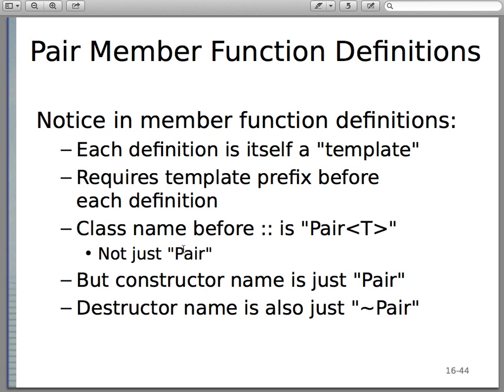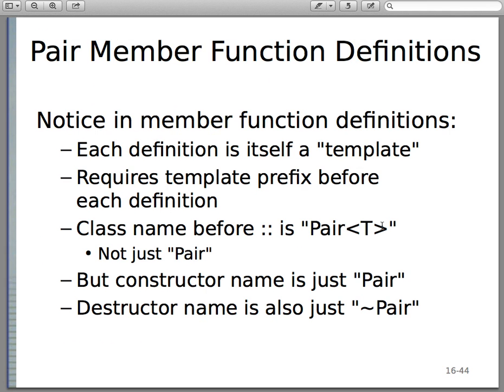Okay, so for this template class pair, the member function definitions, notice that each definition is itself a template. So you have a template prefix before each definition. The class name before the scope resolution operator looks like this. Not only do you have the usual class name, you also have the angle brackets with the template parameter.